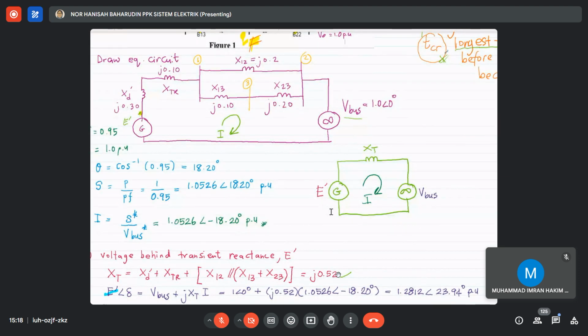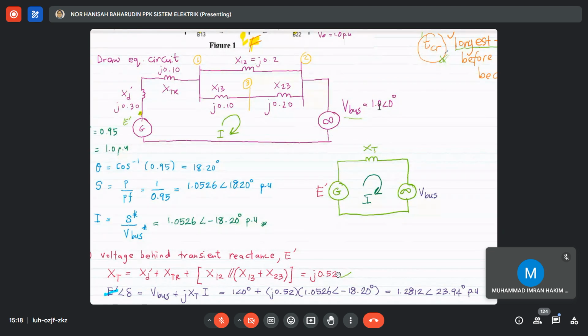So the voltage across XT plus V bus, that's your internal generator voltage. So V bus is 1, as given in the question, plus JXT. And I want you to remember, students, even though all this while I have used 1 as the infinity bus, actually it can be anything for the V bus, not necessarily 1. Okay, I hope that you can understand.